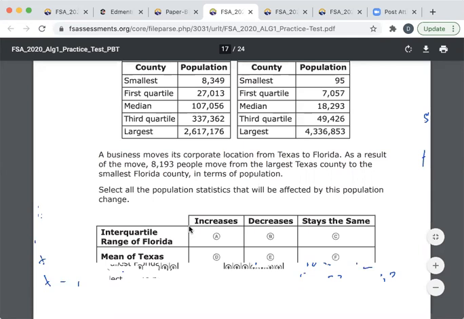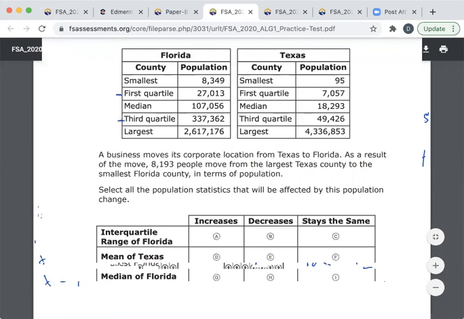So for Florida, remember your numbers are listed from smallest to greatest, and from the first quartile to the third quartile for Florida, remember this is Florida and this is Texas, that's not going to change at all because the first quartile and the third quartile aren't affected because we're only adding to the smallest thing. So the interquartile range of Florida stays the same.